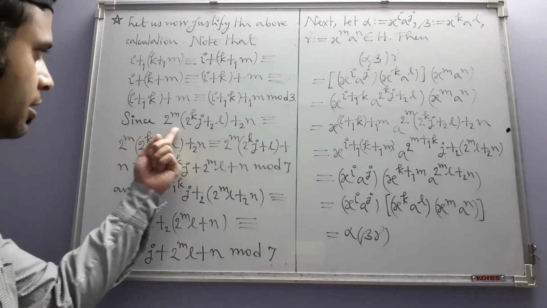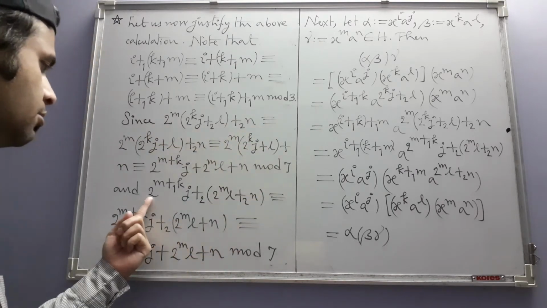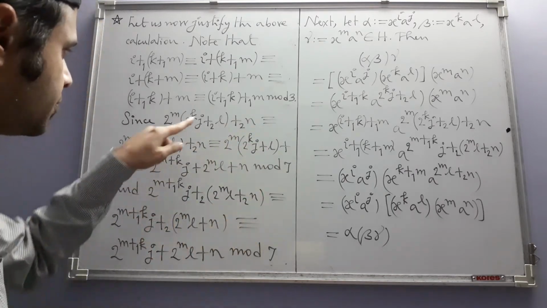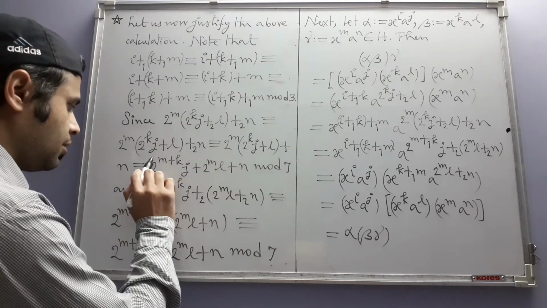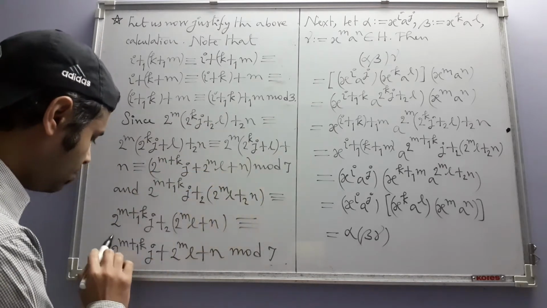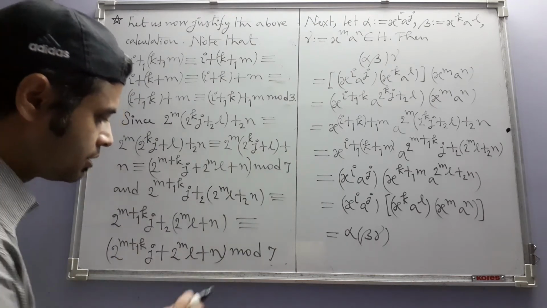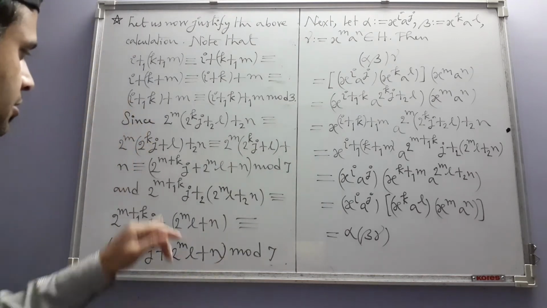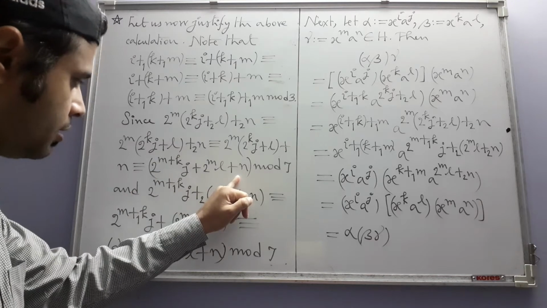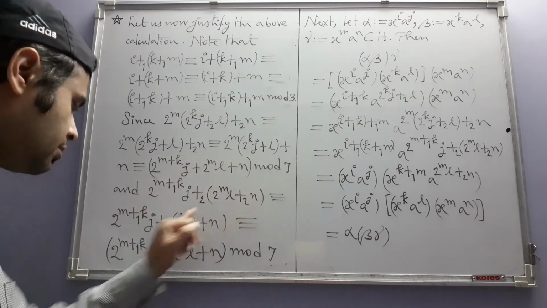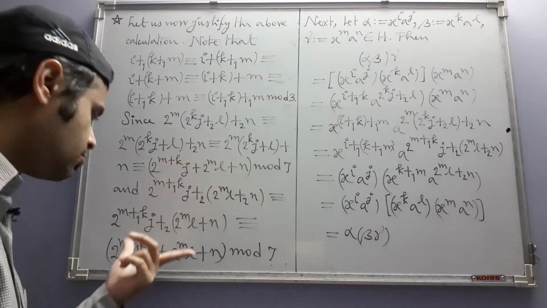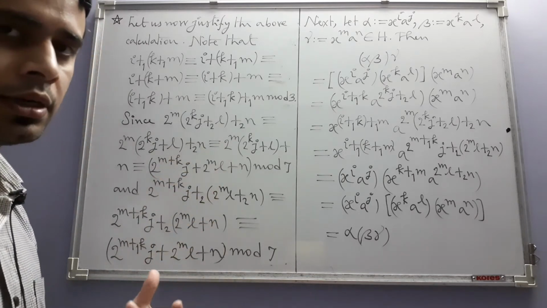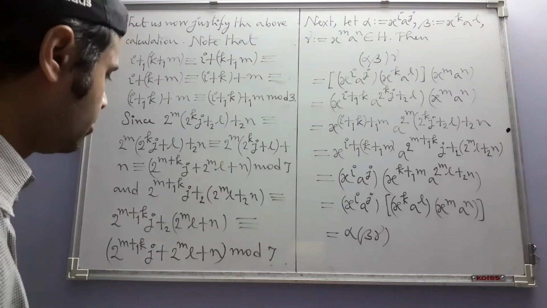Our aim is to show that this integer is congruent to this integer mod 7, but this is congruent to this final expression. In fact, for our benefit and to distinguish things properly, let me use brackets. This integer mod 7 and this one is congruent to this mod 7, so it's enough to show that these two final integers are congruent to each other modulo 7.